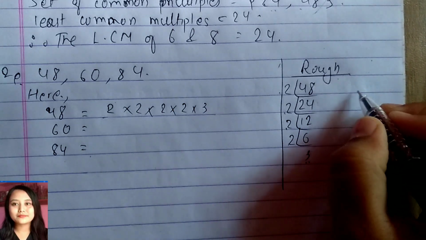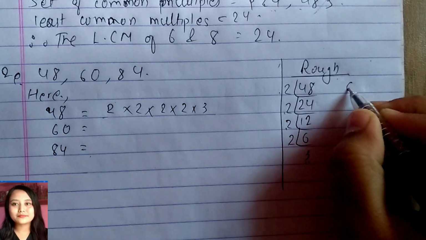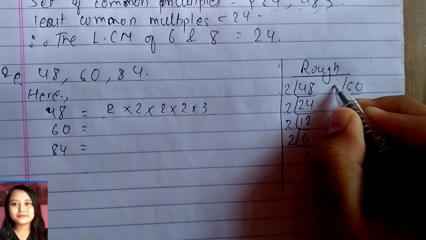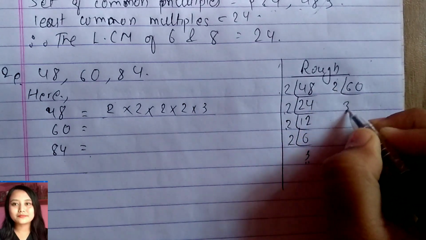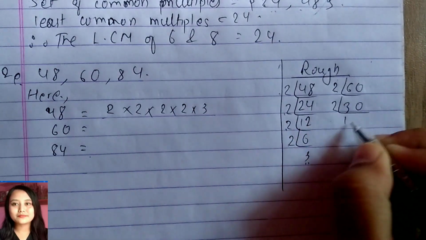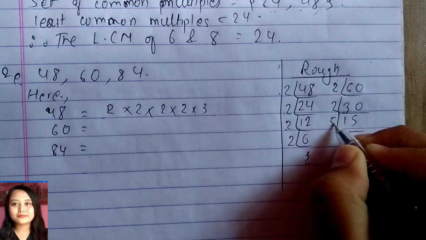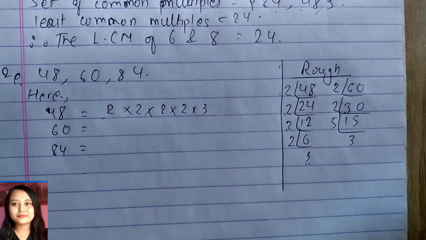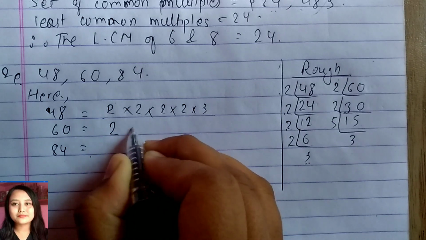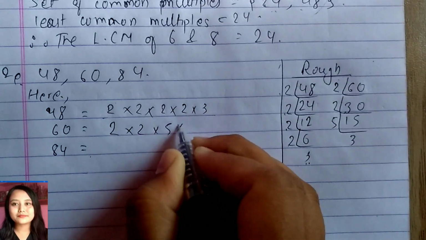Another is 60. 60 can also be divided by 2, giving 30, then 15, and 3 5s are 15. So 2 into 2 into 5 into 3.